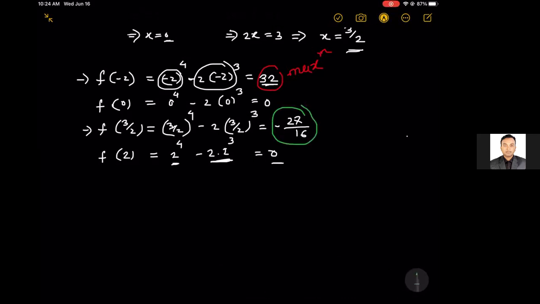Here, right? So we can say that at -2 we have got the maximum value, and at 3 halves we have got the minimum value for this particular function on this interval.